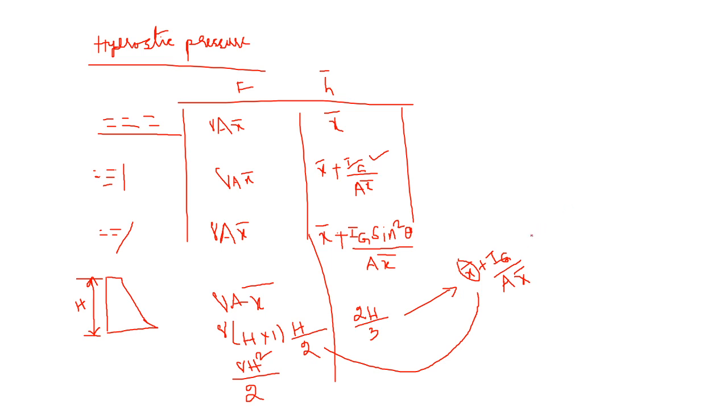Ig is BD cube by 12. So h by 2 plus 1 by 12 into 1 into h cube divided by h into 1, area that is breadth into height, into x bar, which is h by 2, where d is nothing but h, so h by 2.